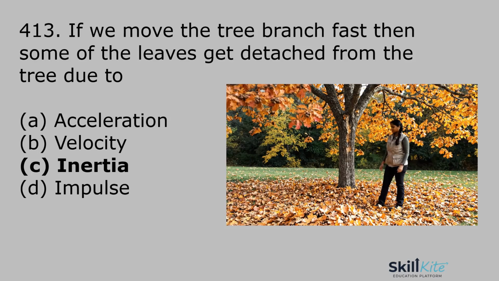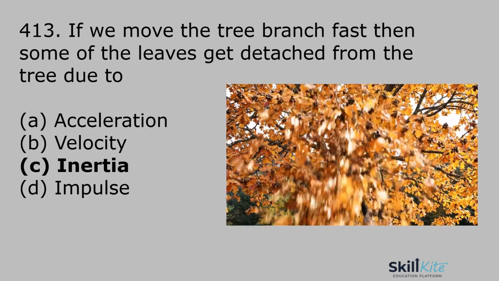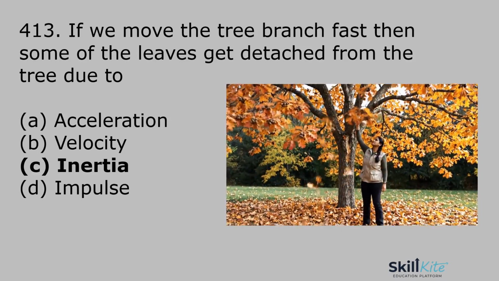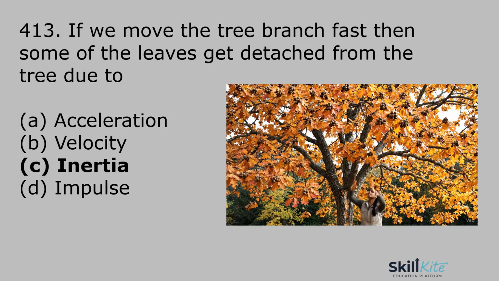Due to inertia of rest, the leaves tend to remain in their position and get detached from the tree and fall down. And it is related to Newton's first law of motion. If an object is at rest, it will remain in the rest position until an external force is applied on it.